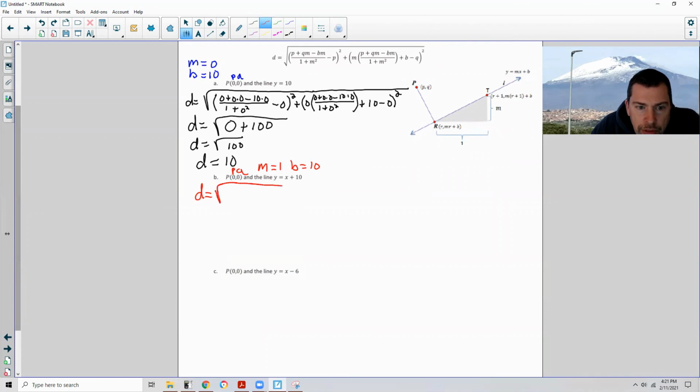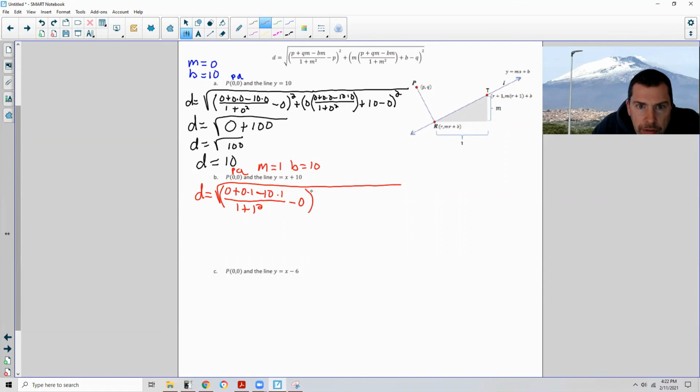So d equals the square root of, and we're just going to use this formula up here. And it says p 0 plus q 0 times m minus b, let's say minus b times m, all over, there's a parentheses here, 1 plus m squared, minus p.